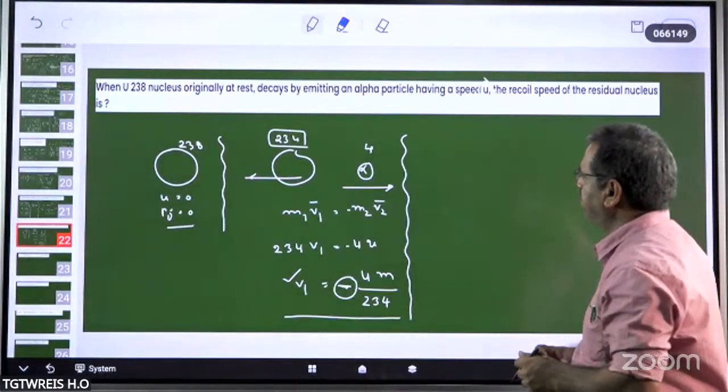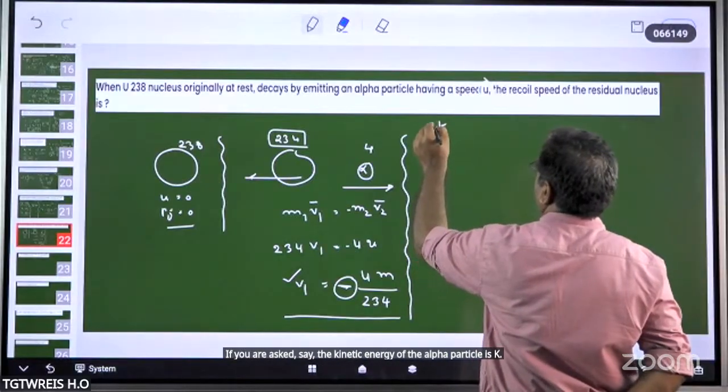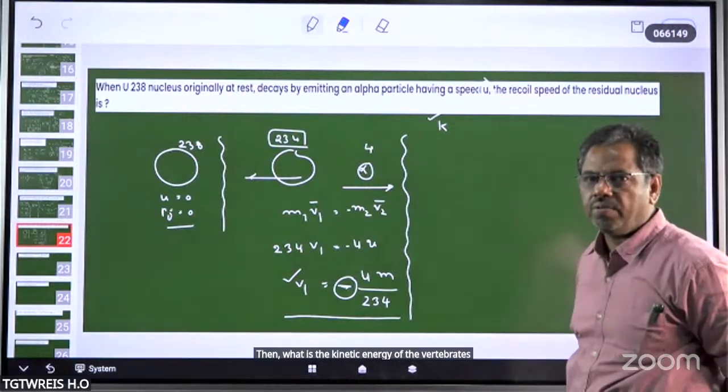If you are asked, say the kinetic energy of the alpha particle is K, then what is the kinetic energy of the residue nucleus? How will you do that?